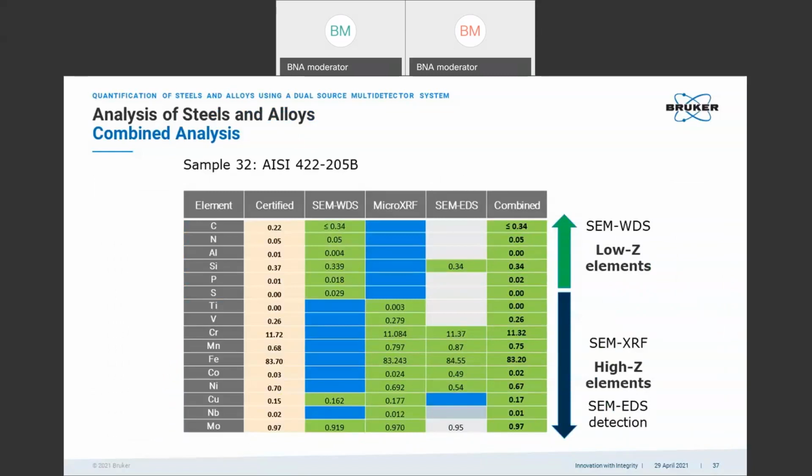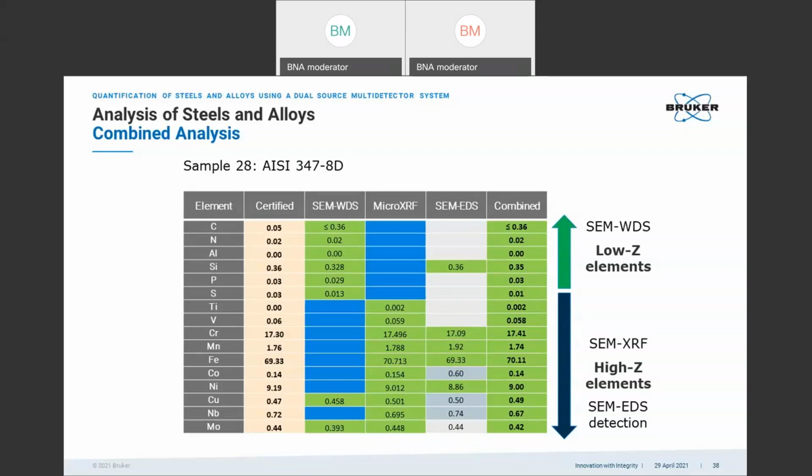We also get some nice numbers for copper and molybdenum, but we have these data from micro XRF, so the transition metals. We also have the EDS data for some higher concentrated elements, and then we get to the combined quantification for these two steel types.